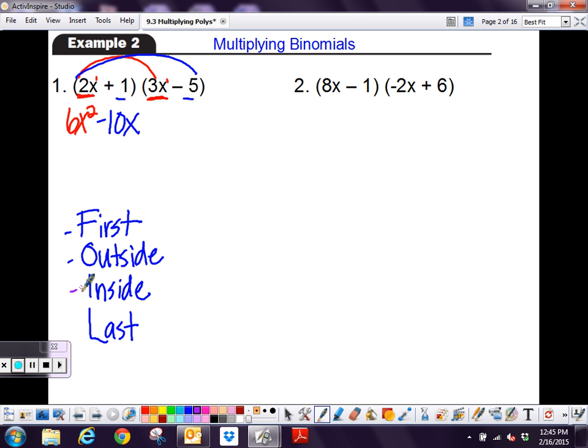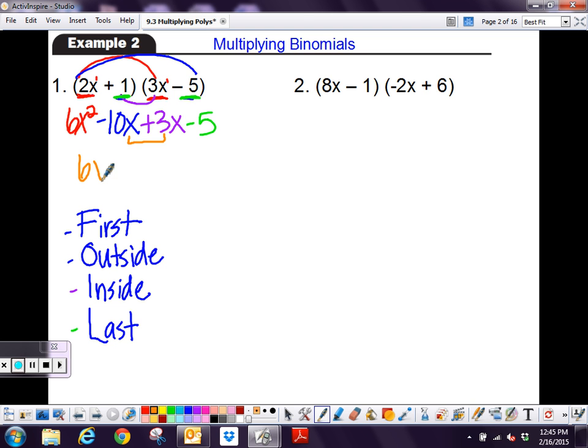Now I'm going to do the inside. It's like the meat of the sandwich, which is 1 times 3x, which is 3x. And then I'm going to do the last. That's the last thing in each group. So that's 1 times the negative 5, which is minus 5. Don't forget on these that we are multiplying and not adding them. Now we can combine like terms, and most of the time your like terms will be right here in the middle.